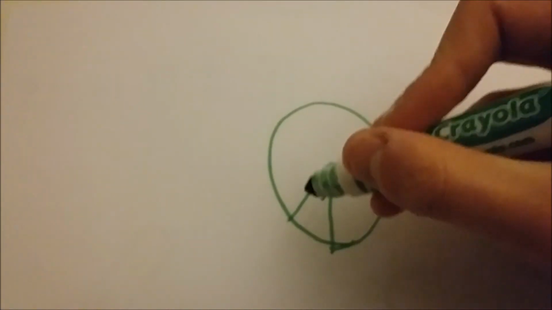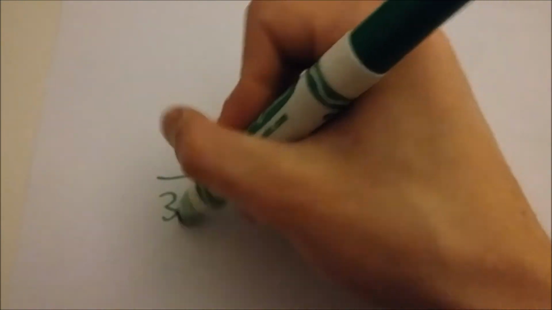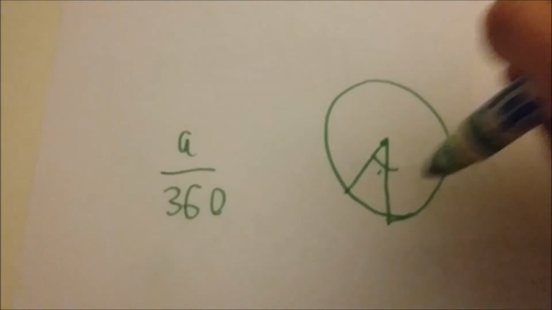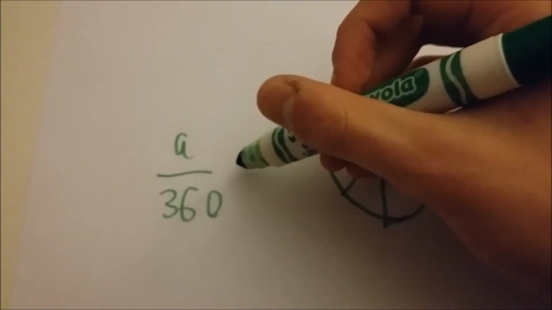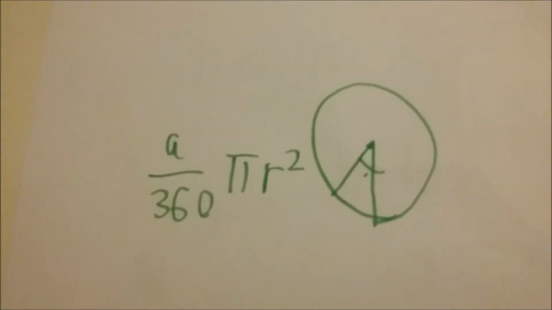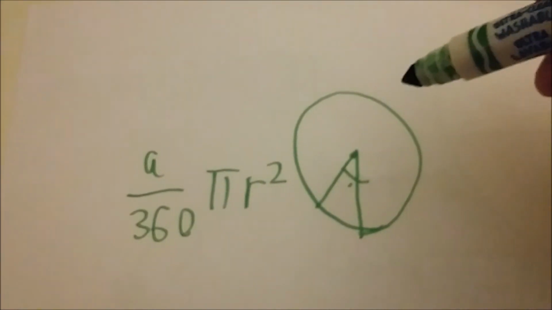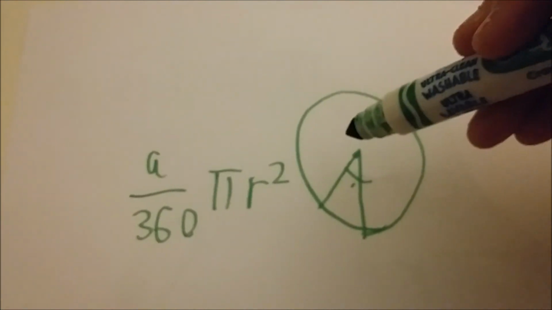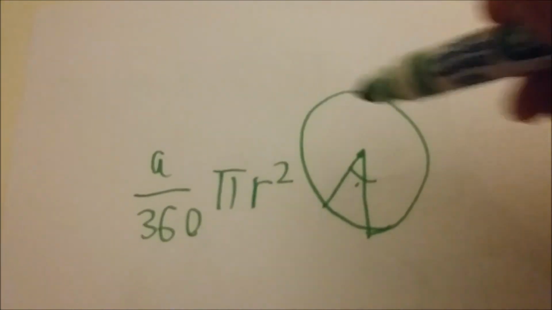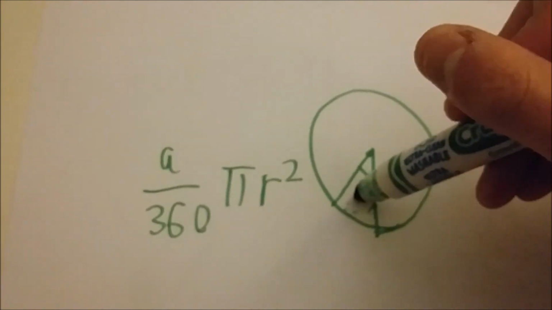To do that, you do the angle divided by 360, because that's how many degrees there are around the full circle, and you times that by the pi r squared. So that is like saying you get the full area of this circle and you times it by whatever fraction of the full circle this section is, and that gives you the area of this section.